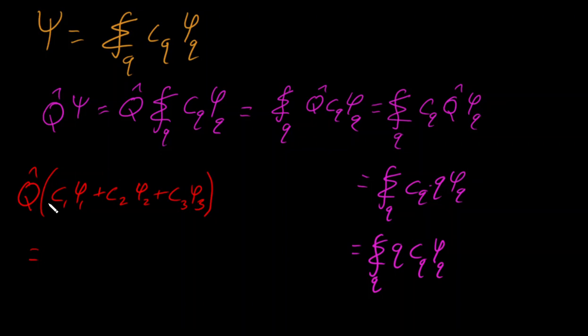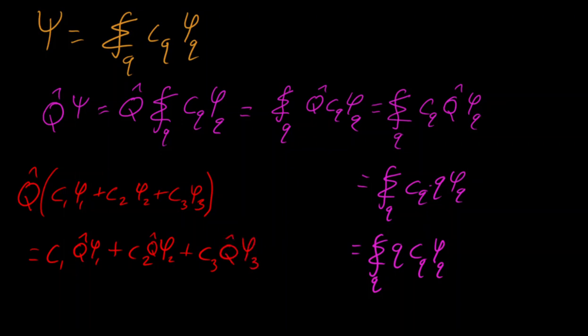This is q hat acting on this part, right? But the constant can come out. So this would be c1 times q hat phi 1 plus c2 q hat phi 2 plus c3 q hat phi 3, and you could have these be ket vectors, whatever you want there. I'm just doing this sort of in general to make notation easier.